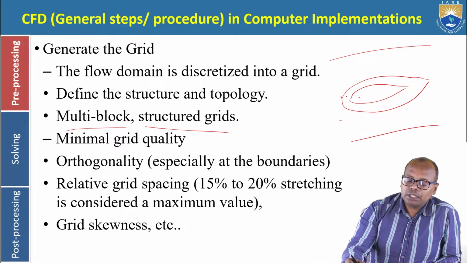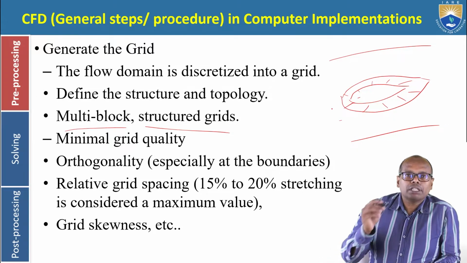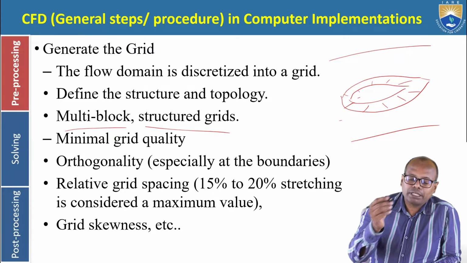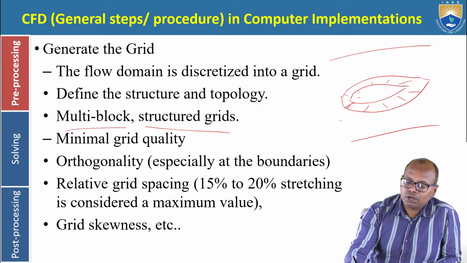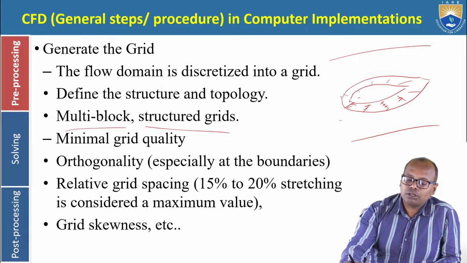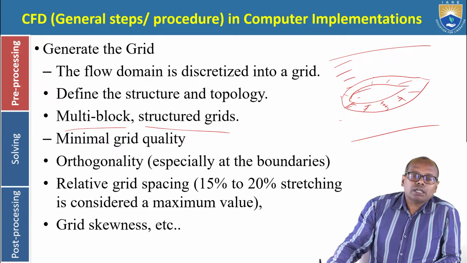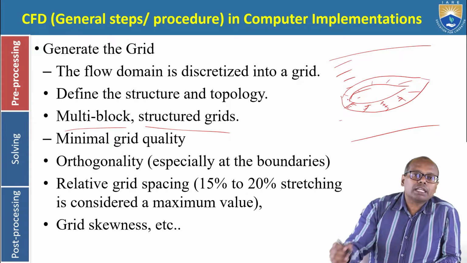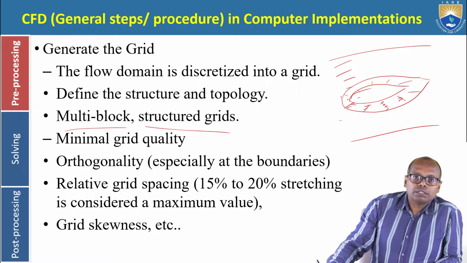The region near the boundary of the aerofoil, I can make a fine grid, where the size of the grid is very small. Like this I can make it very small. And away from the aerofoil, I can make a bigger one where the boundary layer effects are not there.